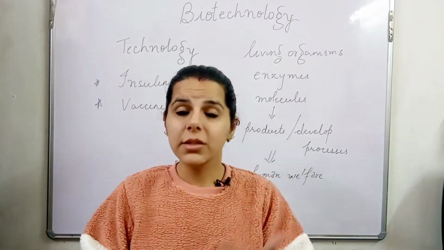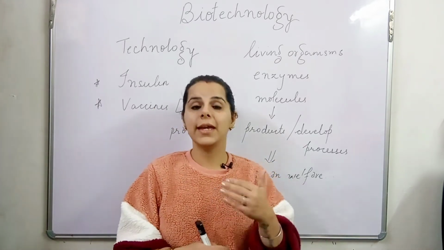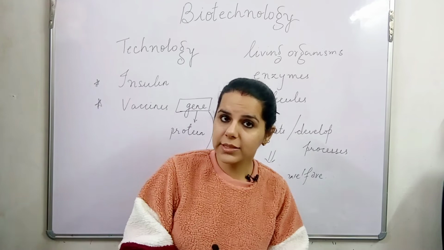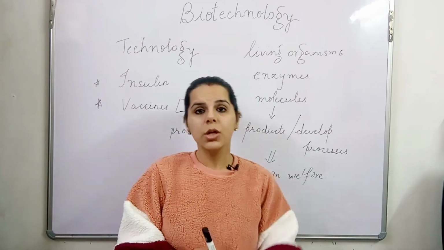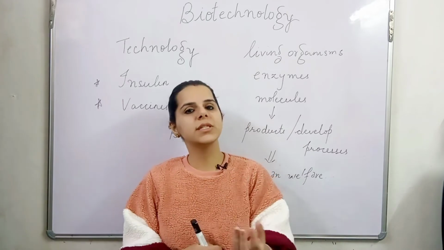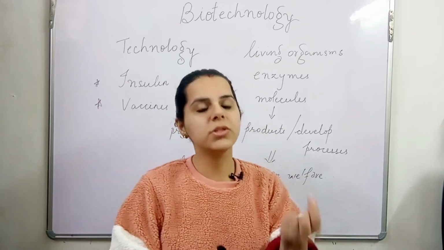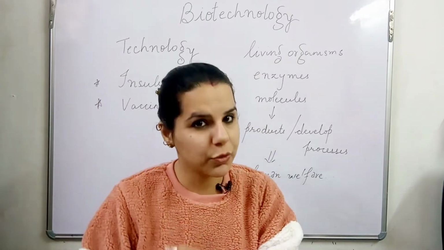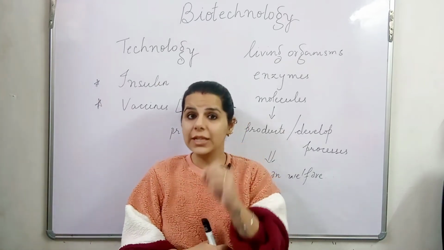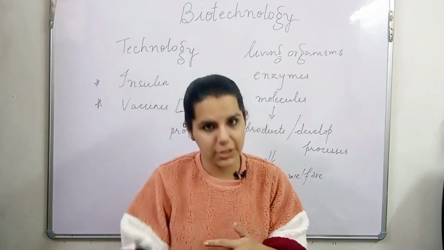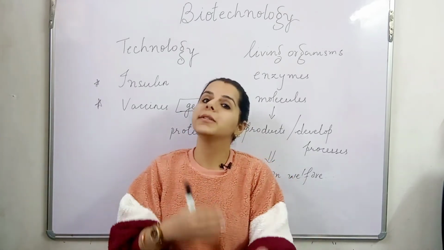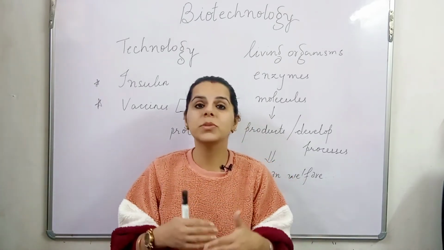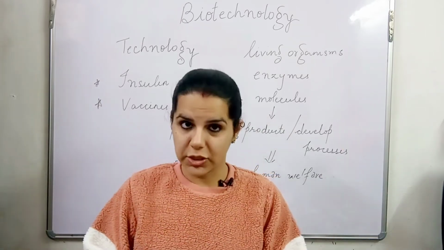Why? Because we are not giving any killed version of the virus, nor any weakened version of the virus. So this is how, just by inserting a gene responsible for the production of a protein, this protein will act as an antigen to the body, and then the body will start producing antibodies against this particular protein or antigen.